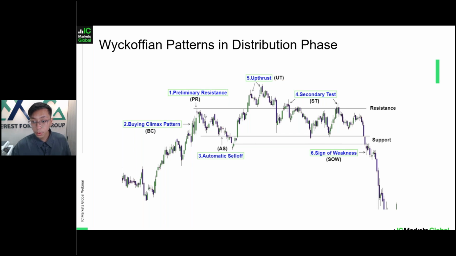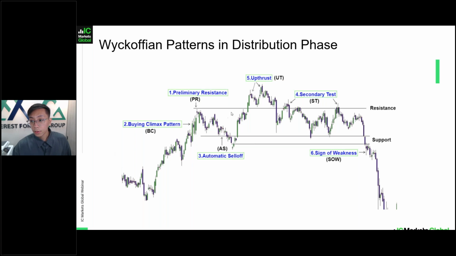So push up here, and after price dropped, you mark out this level of resistance. Okay, and then you can see right here, after an automatic sell-off, intense buying activity from the public decreases and bullish sentiment becomes weaker.